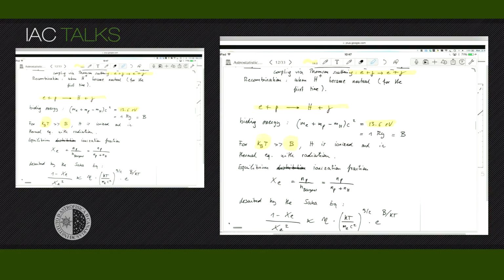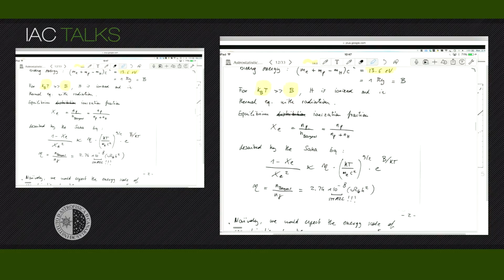In a qualitative way, you can look at the equilibrium ionization fraction, which we call Xe, the number of free protons divided by the number of protons plus the number of hydrogen atoms. And you can use thermodynamical equilibrium considerations to derive an equation which is called the Saha equation, where you have on the left-hand side a function of the ionization fraction.